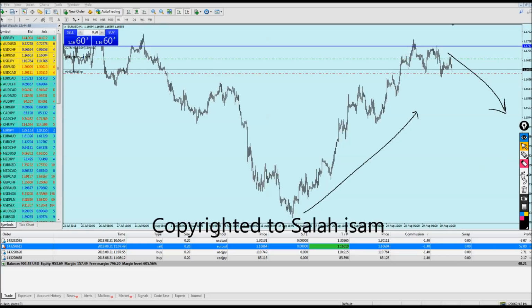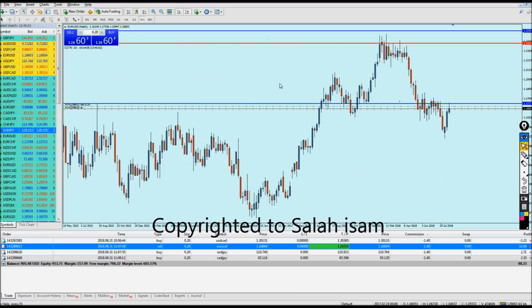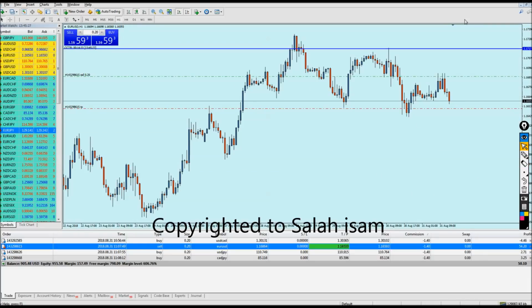And if we do enough analysis, we can find that on the weekly and daily charts, Euro USD has hit a very strong resistance zone, and that's why it's expected to fall. That's why at this level we can notice the market changing direction from an uptrend into a downtrend. So now the idea is we need to sell the Euro USD.